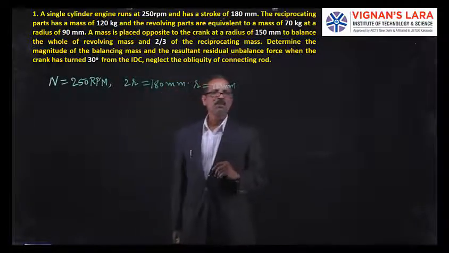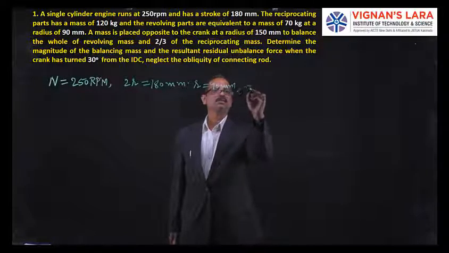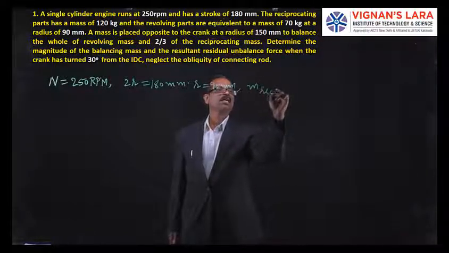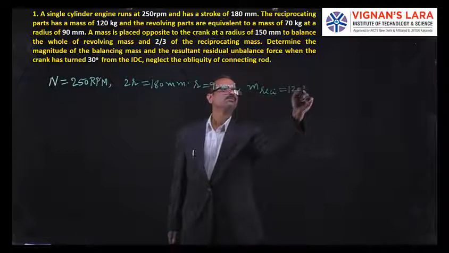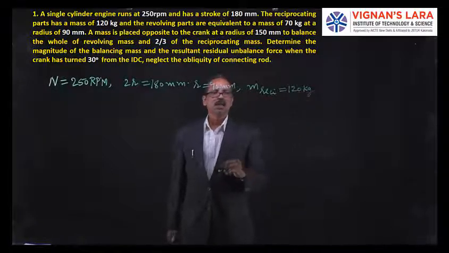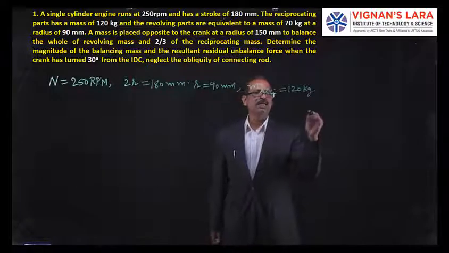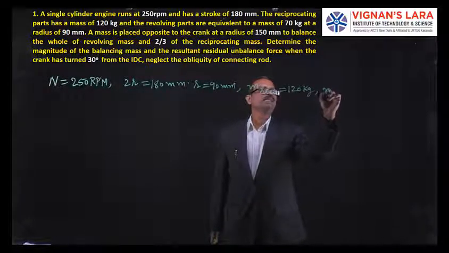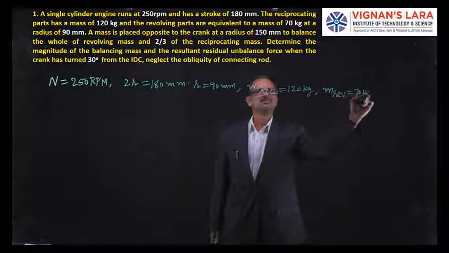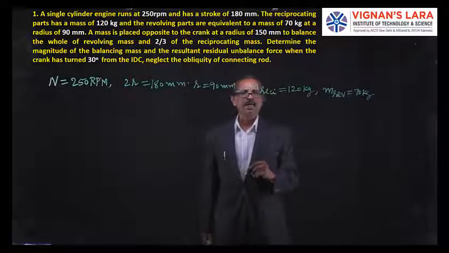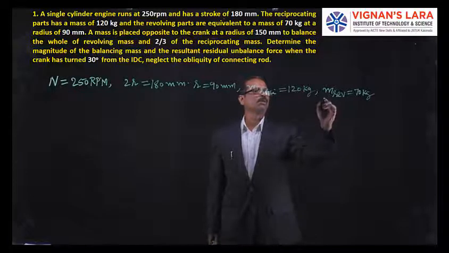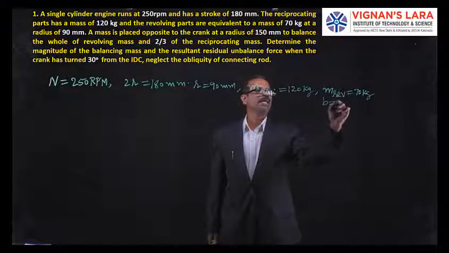The reciprocating parts has a mass of 120 kg, M reciprocating, and the revolving mass for a cylinder is 70 kg, at a radius of 90 mm. So it is kept at 90 mm radius.